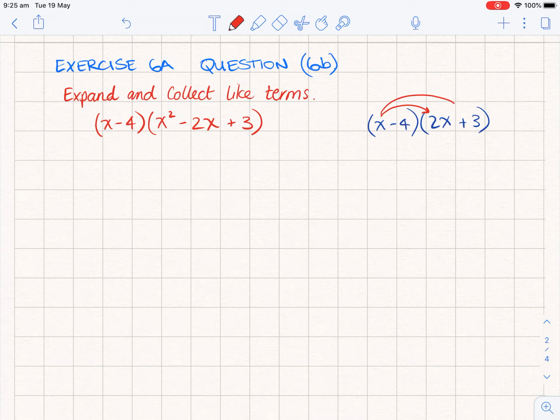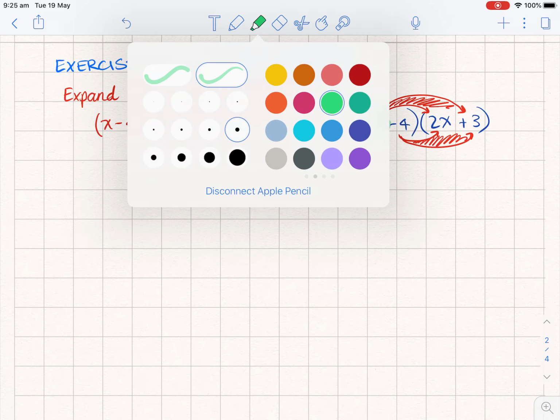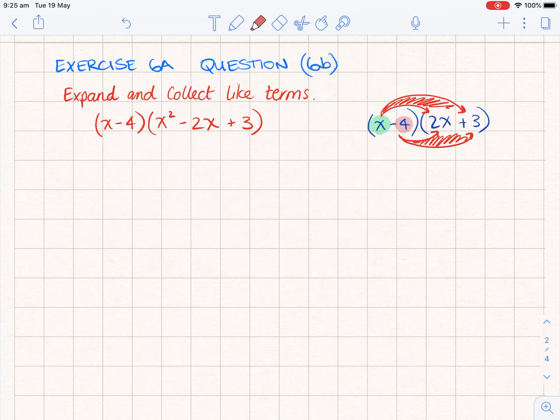One of the things we said was to use what we called crab claws. So, there's my 2 crab claws. And all that simply meant was multiply the first part by everything in the second brackets, and then multiply the second part by everything in the second brackets.